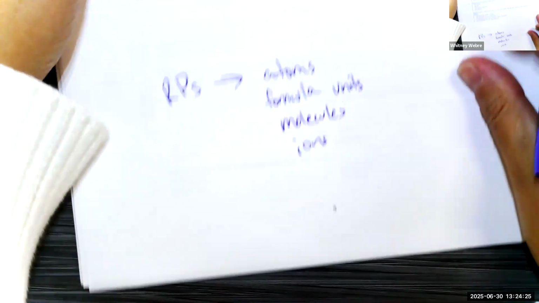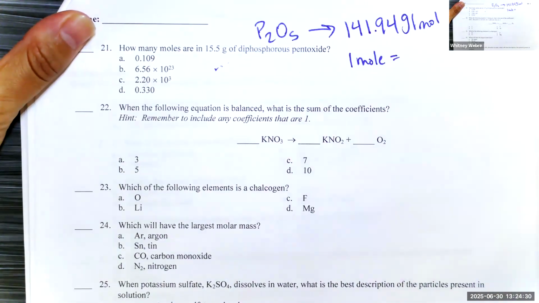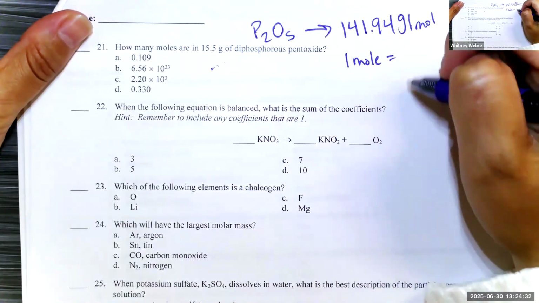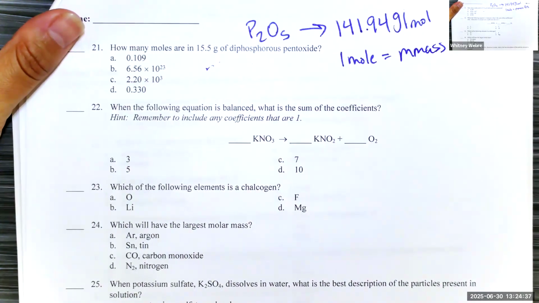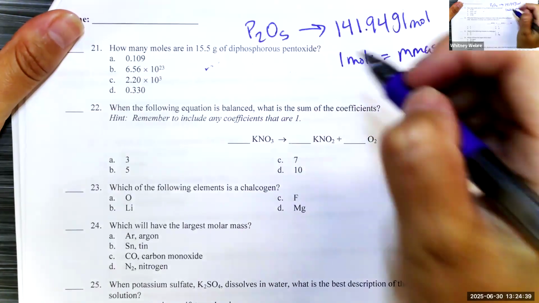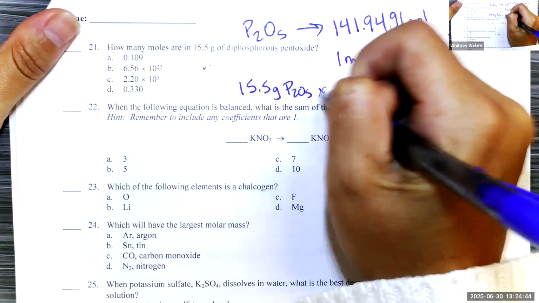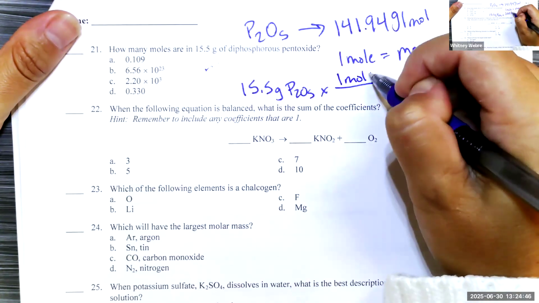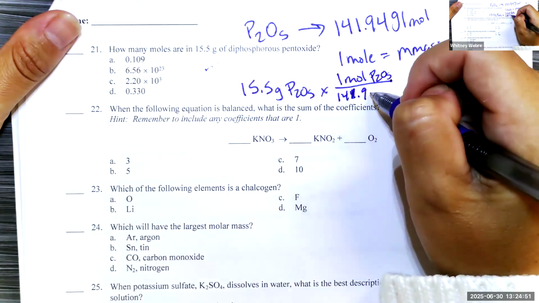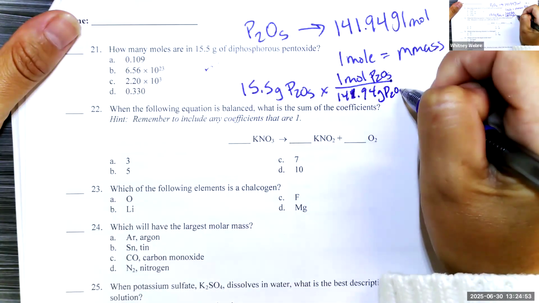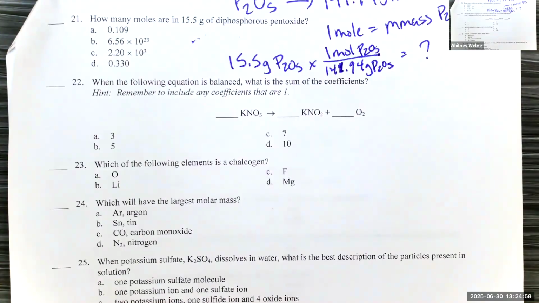Moles is a big number. I don't want to use the wrong number here, because if you do, it'll throw off your math. So I need to go from grams to moles. So you divide it by the molecular weight.